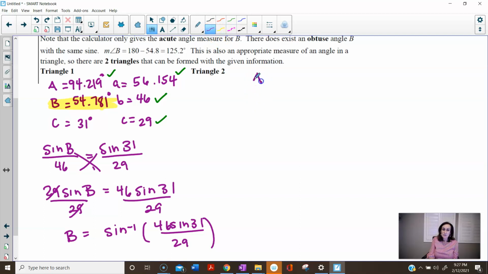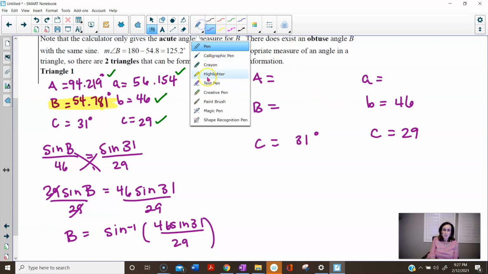So your second triangle is always going to have the exact same measurements that were given. So my given was 31 degrees, 29, and then B is 46.